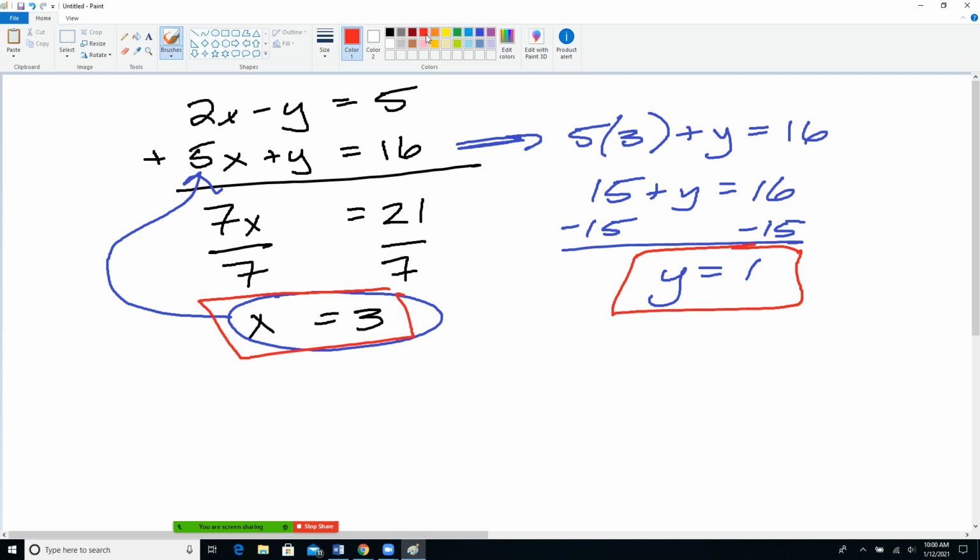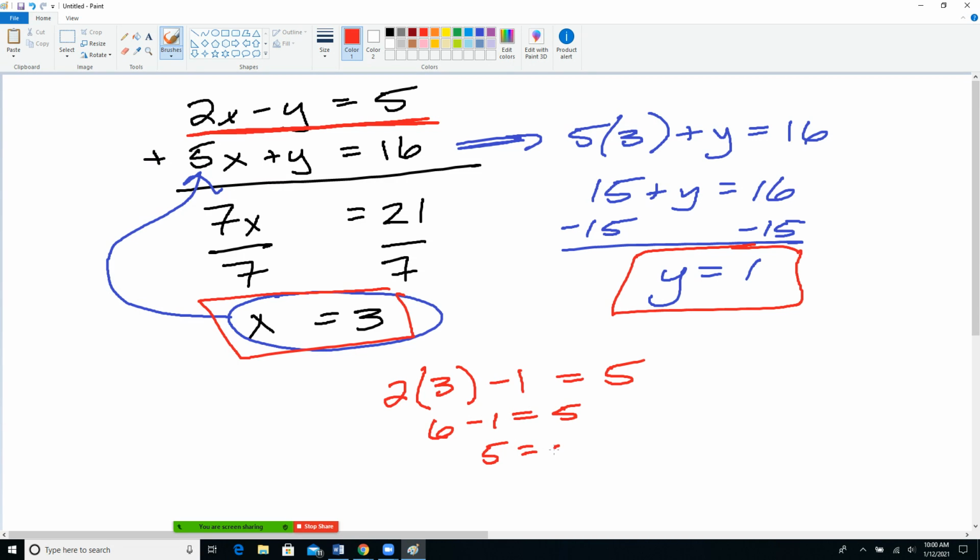And I'm going to throw it into one of these to check. So I have 2 times 3 minus 1 equals 5. So this is the one I use, 2x minus y. So I have 6 minus 1 equals 5. 5 equals 5. Checks out. So that was elimination. Let's do substitution.